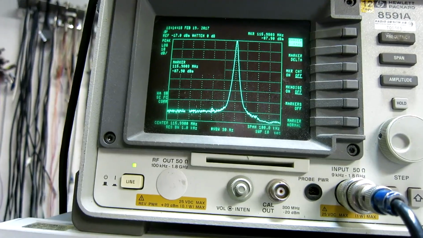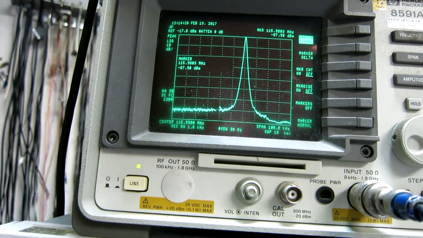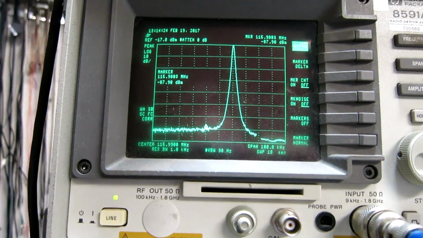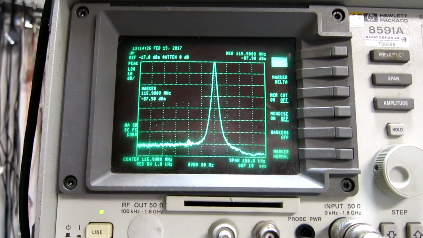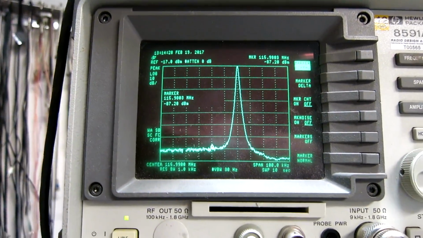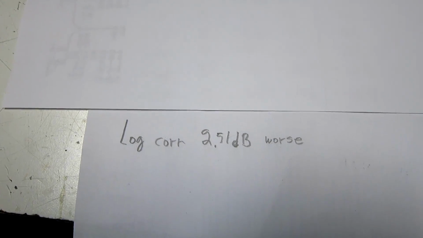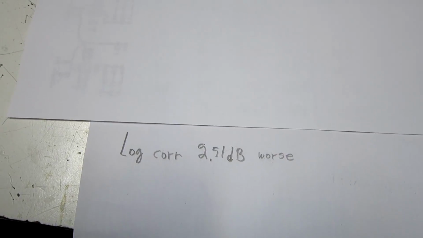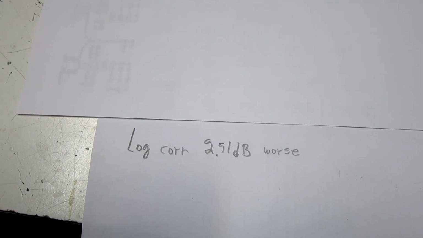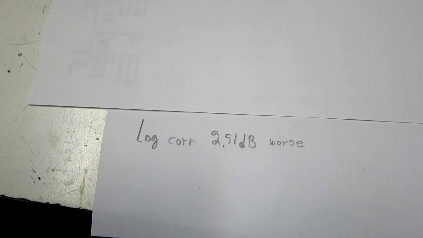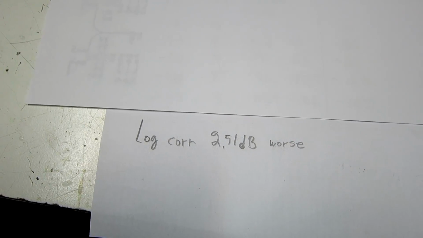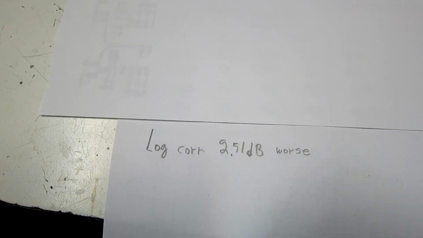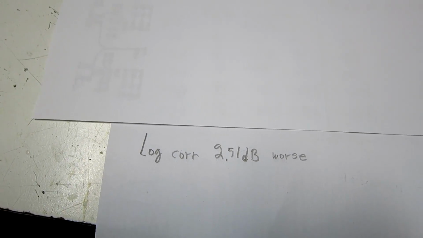And minus 148, that's very similar to what I saw on the entire transverter in a previous video. Now I shouldn't forget this, so rather than minus 148, it is minus 145.5 or minus 146 something. Minus 145 perhaps.